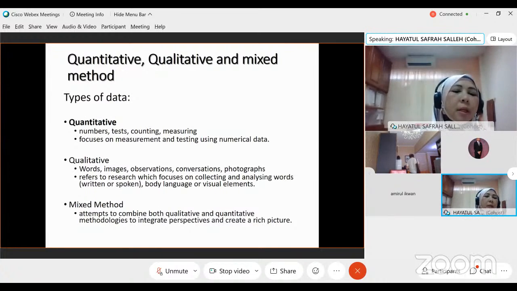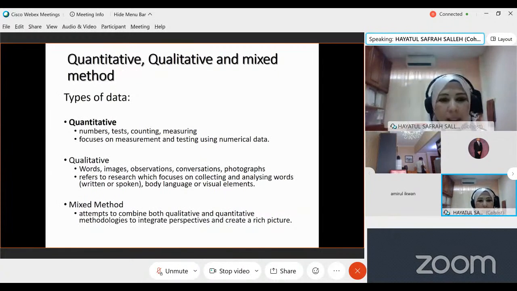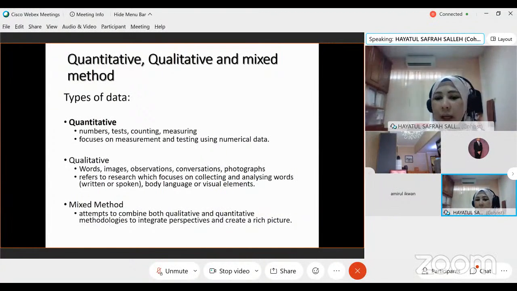The second most frequently used by researchers is qualitative methods, which is about wording, and sometimes images, observation, conversation, photographs. It refers to research which focuses more on collecting and analyzing words, whether written or spoken.